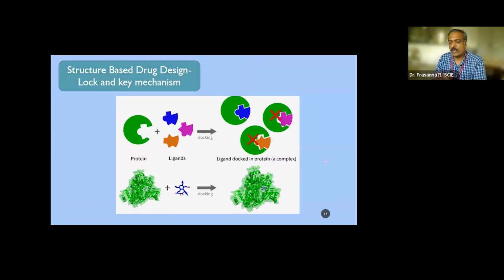So now what we are going to do is try to understand how the mechanism of drug action works. Probably you might have studied this in your biology or chemistry as well. Maybe the enzyme lock and key mechanism, or the enzyme ligand receptor mechanism. That's what I'm going to explain here.